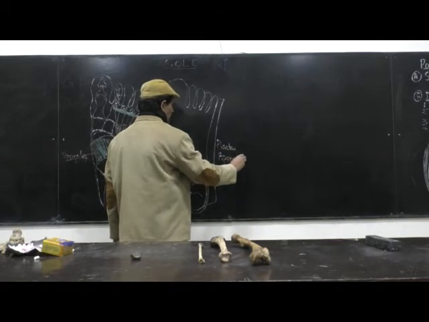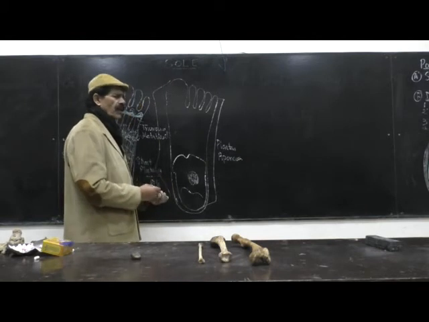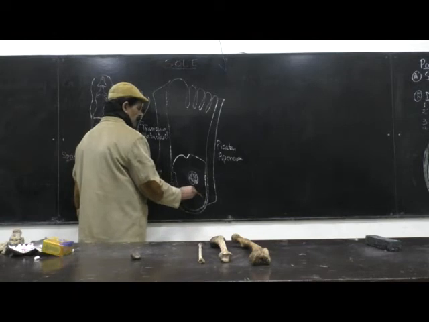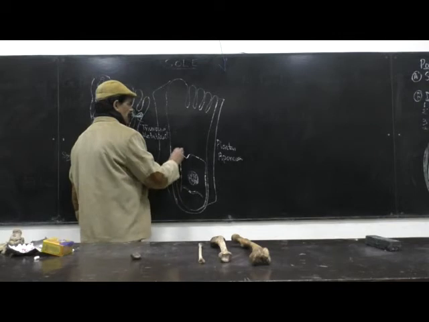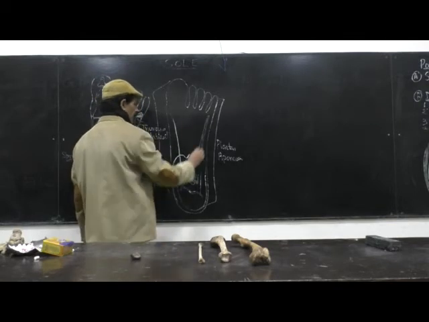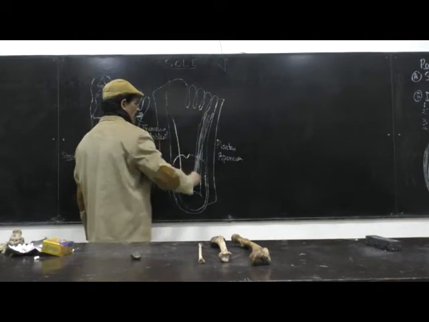So the plantar aponeurosis is a condensation of the deep fascia of the sole of the foot. It is attached posteriorly to the calcaneal tuberosity, and anteriorly it runs in a forward direction to every digit.